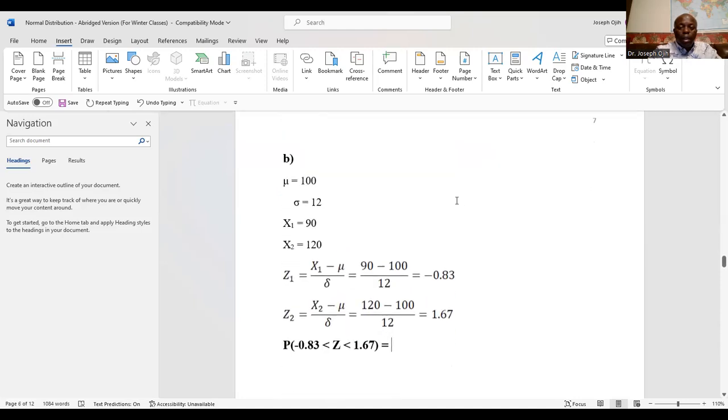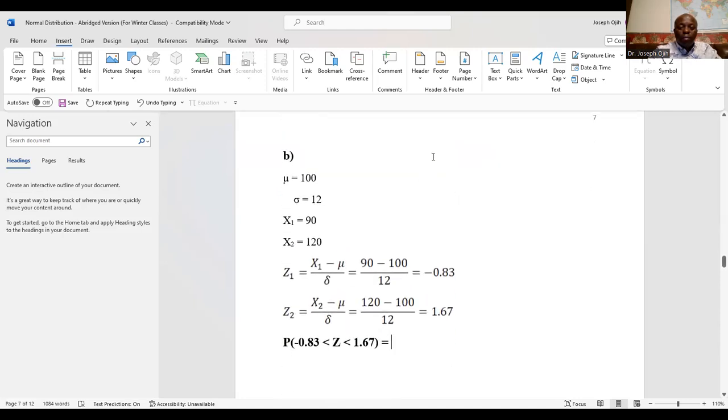So to find that, we're gonna make a chart. You can draw it here. We'll have negative 0.83, then 0, then 1.67.